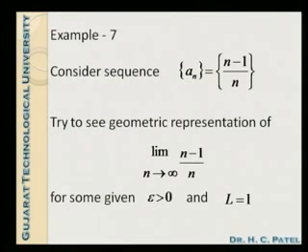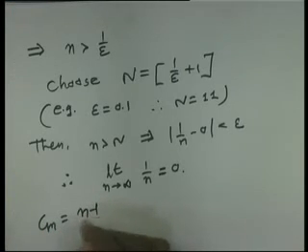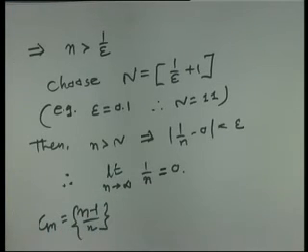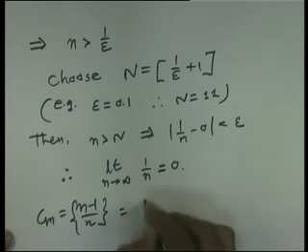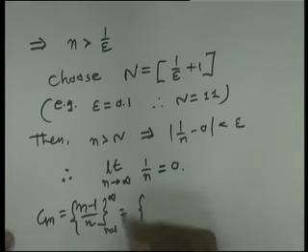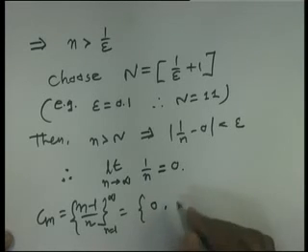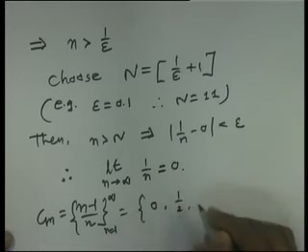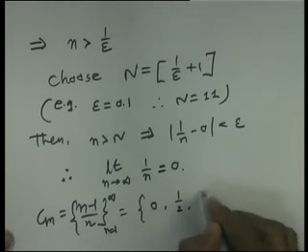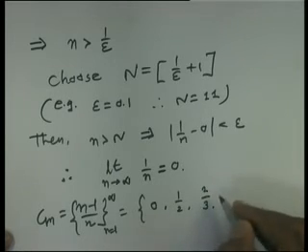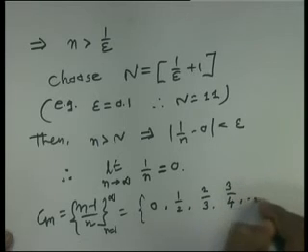One more example. Here we have considered the sequence an. The sequence is an = (n-1)/n. Try to see the geometric representation. The sequence is an = (n-1)/n, with n from 1 to infinity. So the first term is 0, second is 1/2, third is 2/3, then 3/4, and so on.